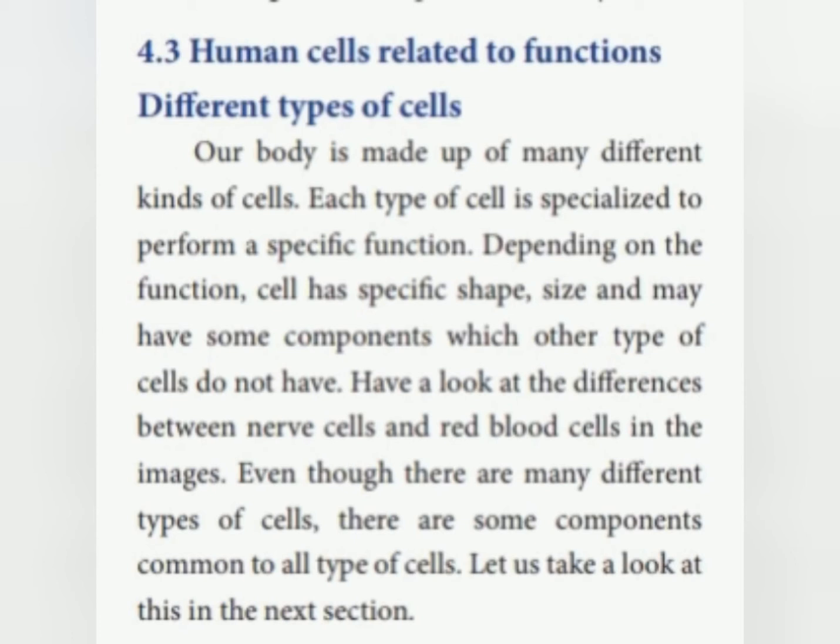Depending on the function, the cell has a specific shape, size, and may have some components which other types of cells do not have. Have a look at the difference between nerve cells and red blood cells in the images.